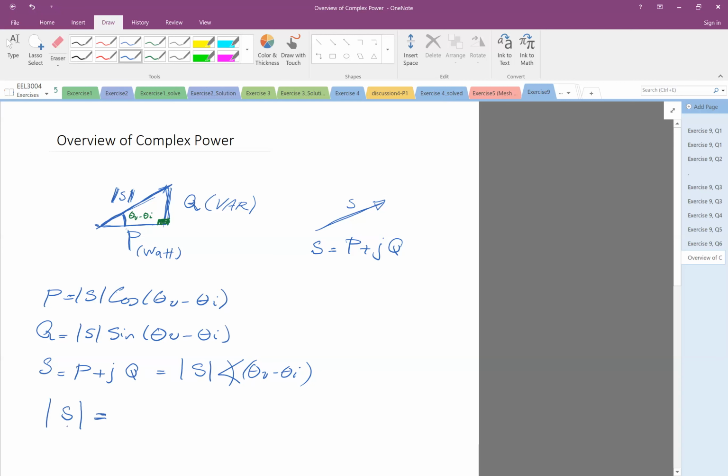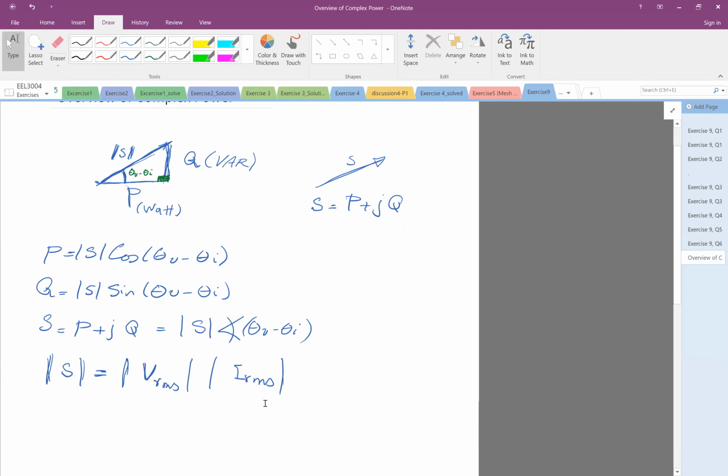Remember power back in the earlier chapter, P equal to VI. Now the same thing we can say about the magnitude of S: it is V times I, however here you have to use RMS. Magnitude of V in RMS and magnitude of I in RMS. If you had V max and I max, then you need to have a half.